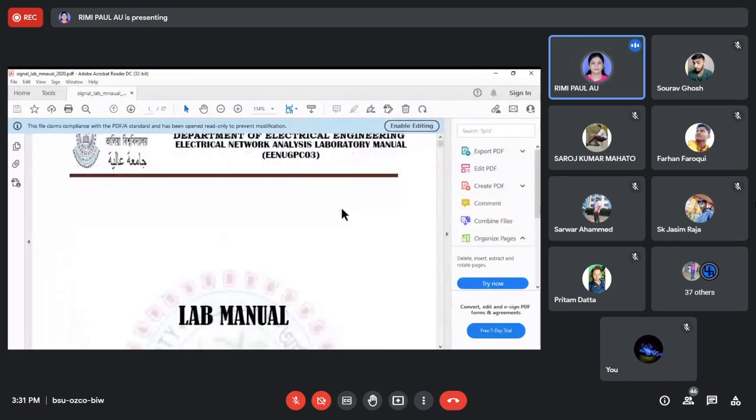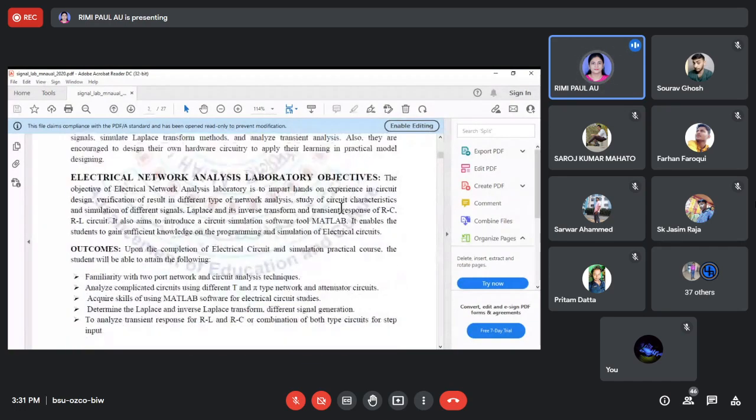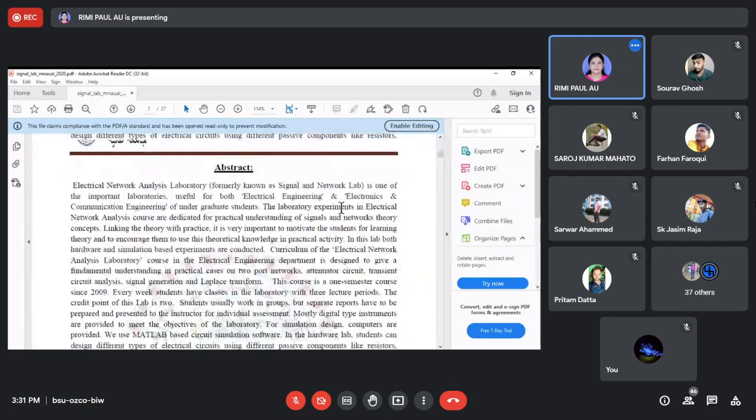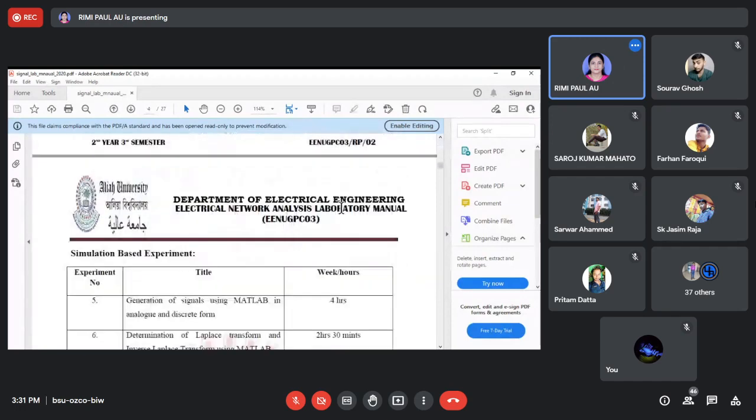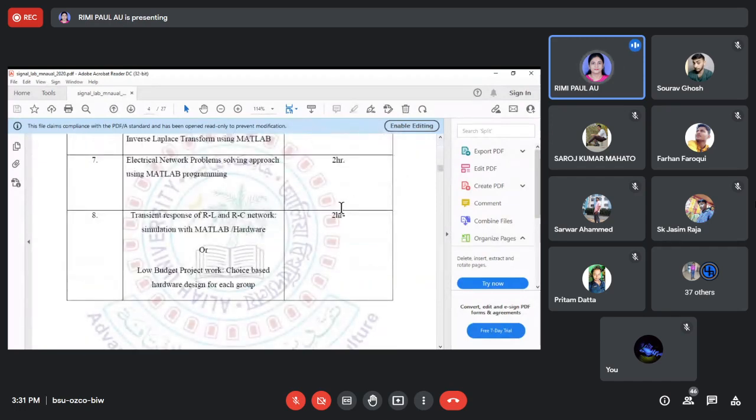Instead of experiment number 7 we can solve experiment number 8. If we get time, we'll solve both 7 and 8. Otherwise, we'll solve 8, because 8 is a hardware lab and 7 is a software lab.